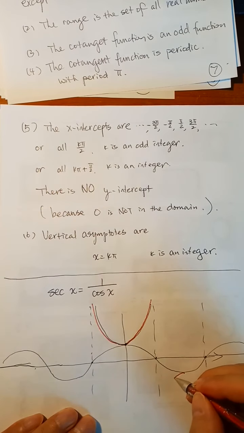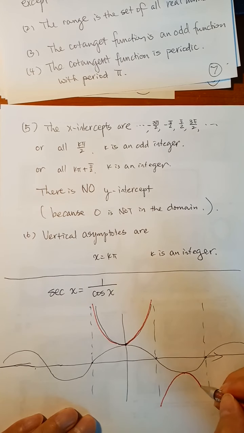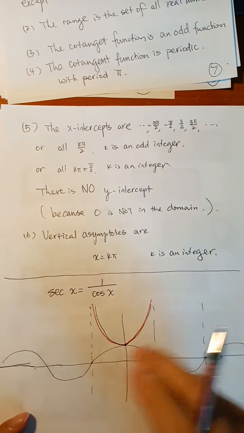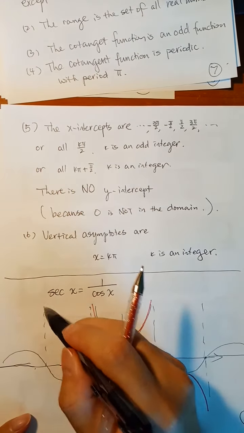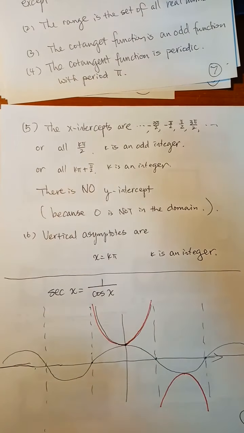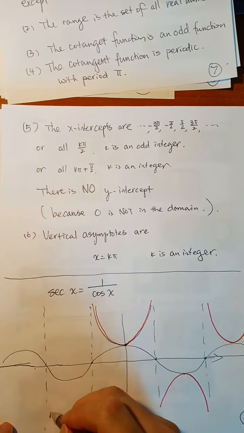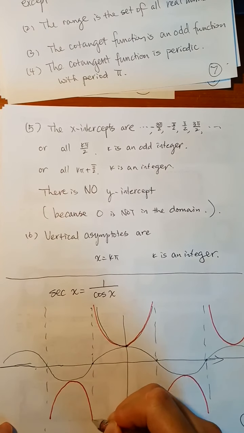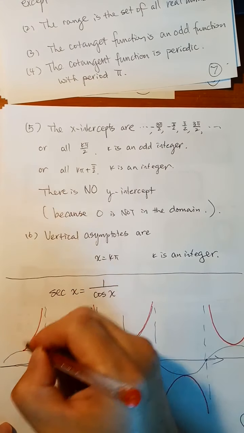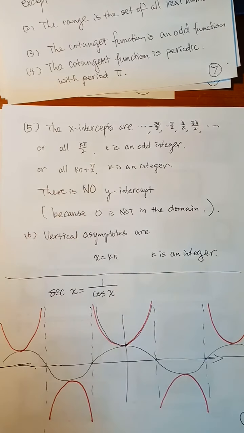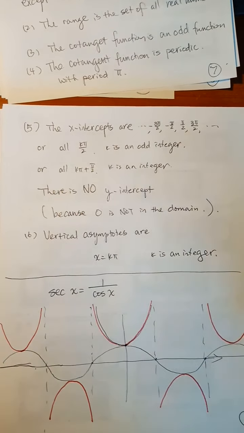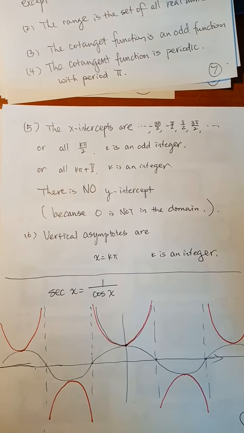And here, here's similar. Okay, so the red curves are the graphs of the secant of x.